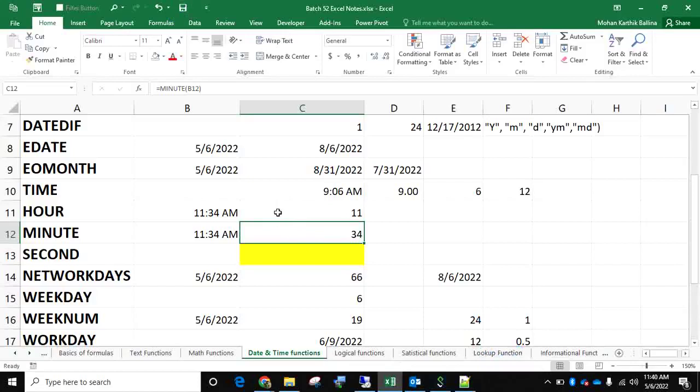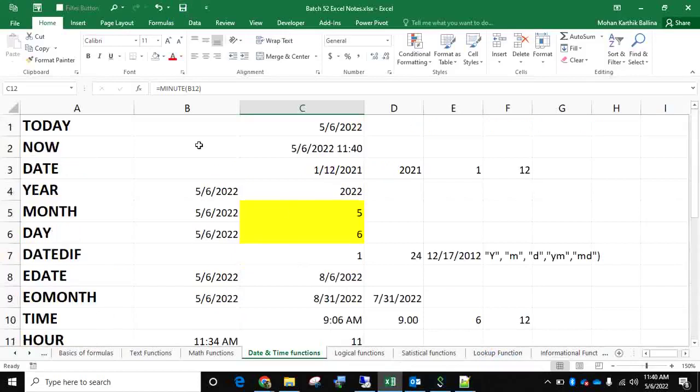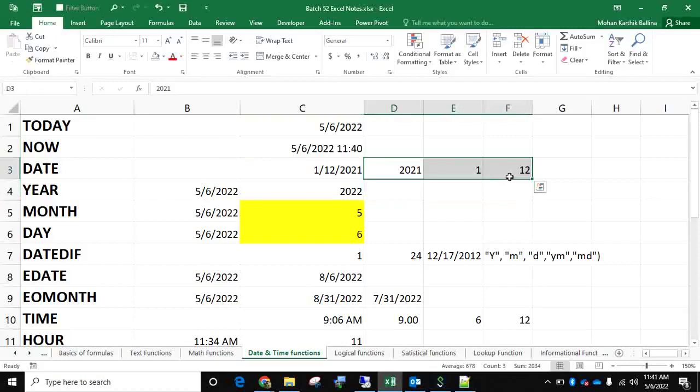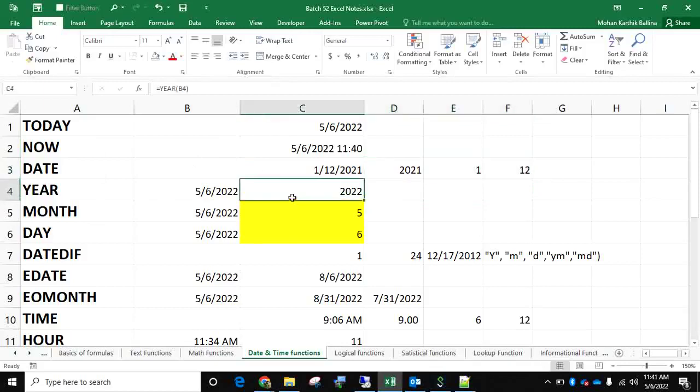Okay, I hope you understand date and time functions. Today retrieves today's date, system date. Now retrieves the date with the time. Next, date function. Date function can be used to create a date by using year, month, day. We can retrieve respective year, month, day from the date value.